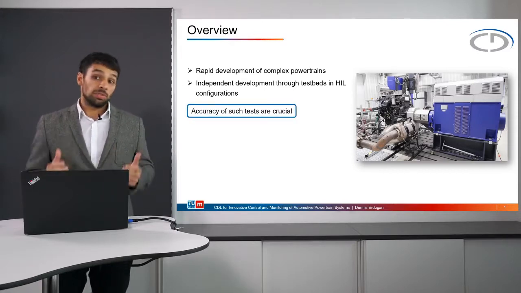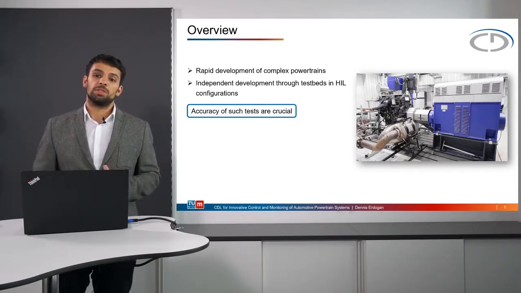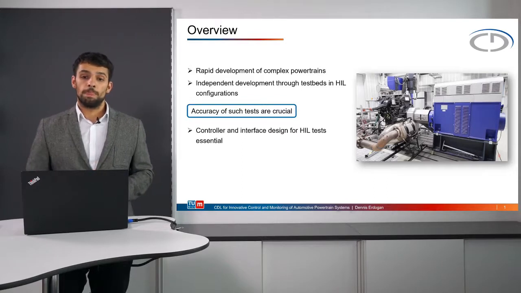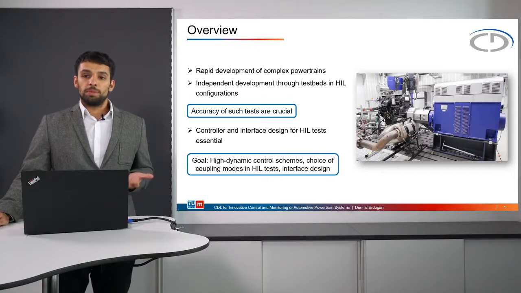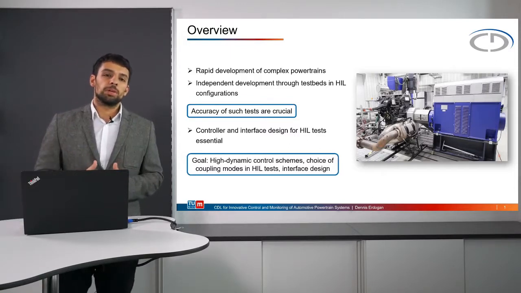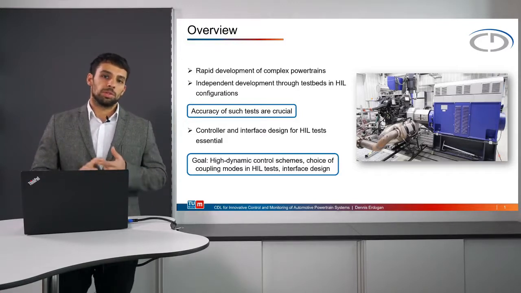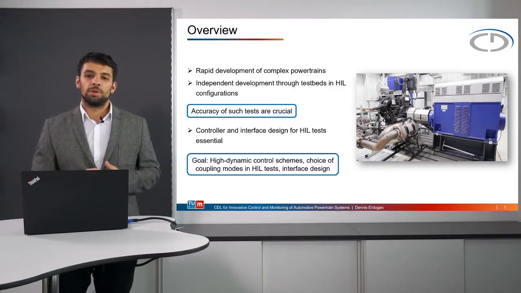The accuracy of such tests is crucial, and for this, controller and interface design of hardware-in-the-loop tests are essential. Therefore, the goal in this topic is to develop high dynamic control schemes, make proper choices of coupling modes in hardware-in-the-loop tests, and the interface design itself.